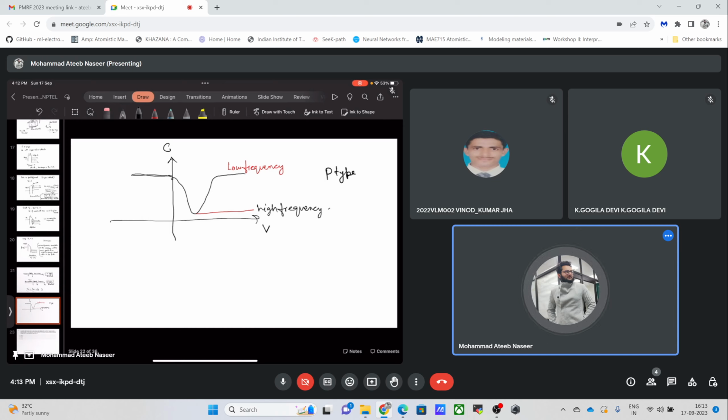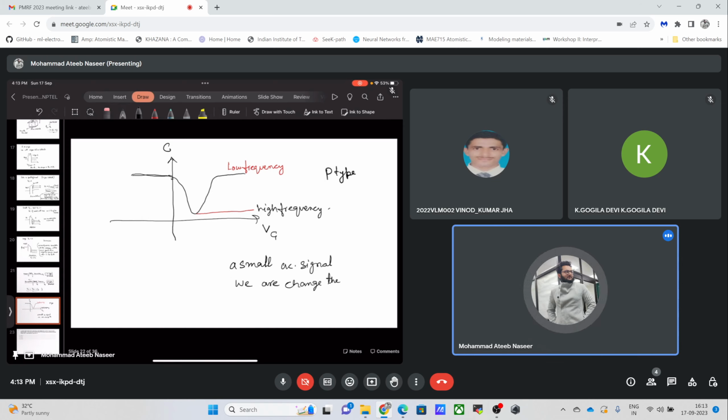This capacitance measurement is done by applying a small AC signal, and we change the gate bias.